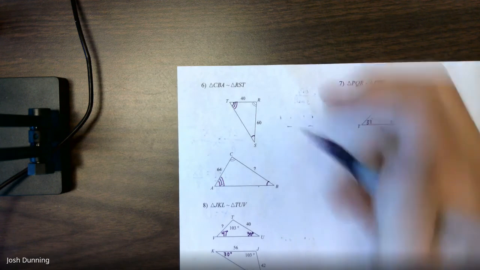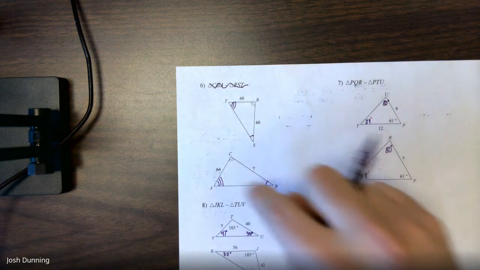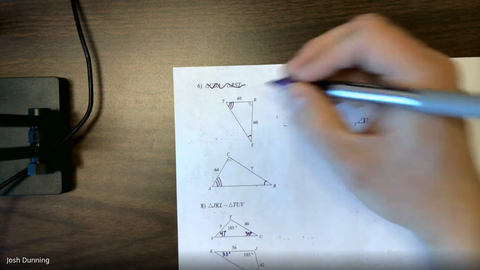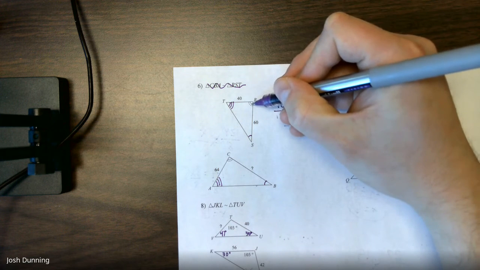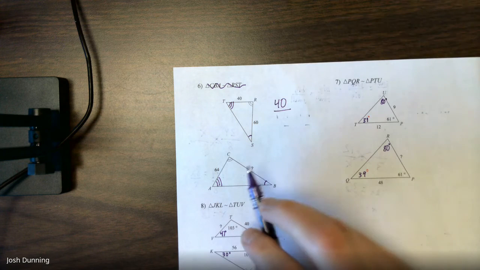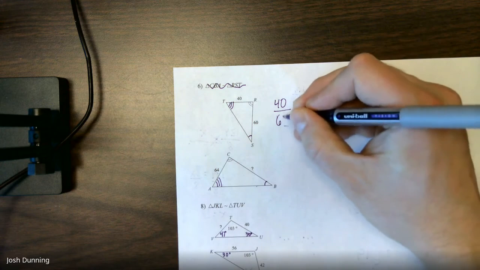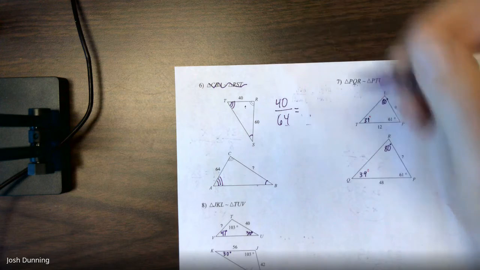Now on 4, we'll forget about the statement. We could use it. Just to practice, though, if they don't give you the statement and they just give you stuff about the angles, we'll pick one to start with. Maybe I'll pick the 40. The 40 is between the double slash and the triple slash. So we got to go from the double slash to triple slash down here, 64. Now I started with this triangle on top.